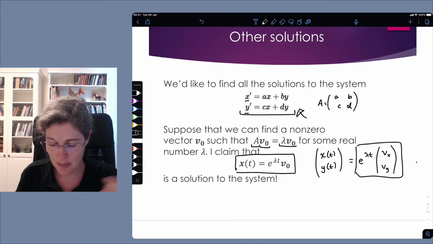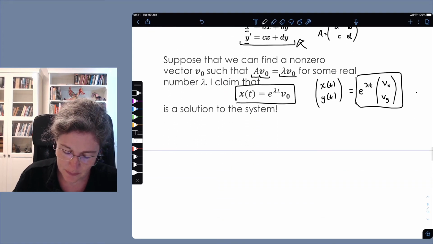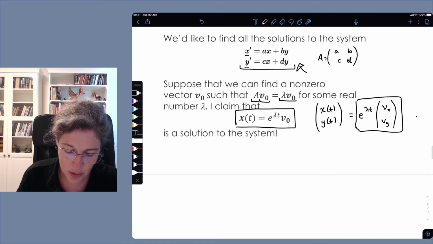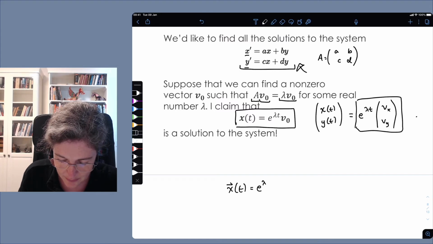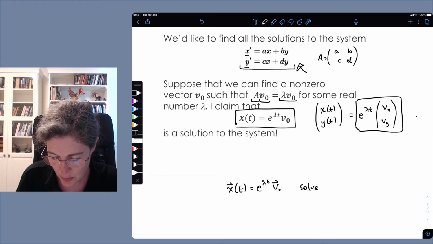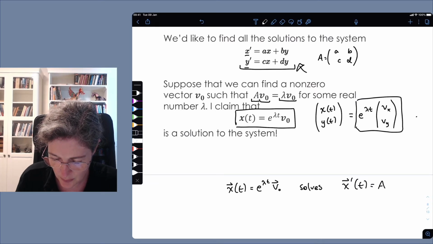Could it be? Well, let's check. In order to be a solution to the system, my claim is that this thing here, x of t, solves this equation.